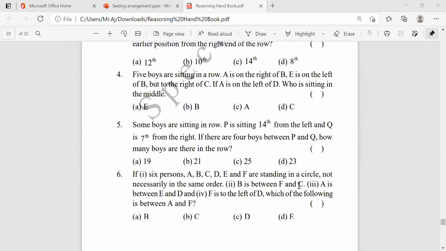Don't start with one statement, because we don't know whether it is a direct or indirect statement. The second statement is A is between E and D. And F is to the left of D. Which of the following is between A and F?